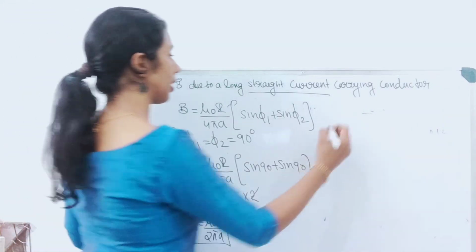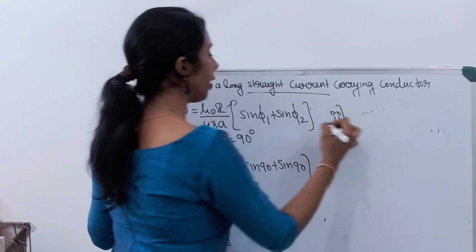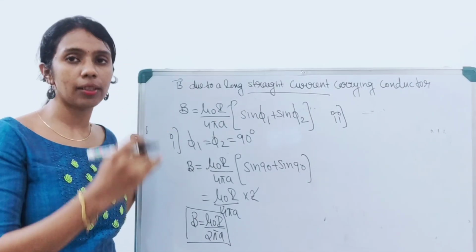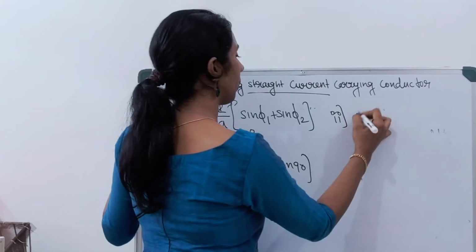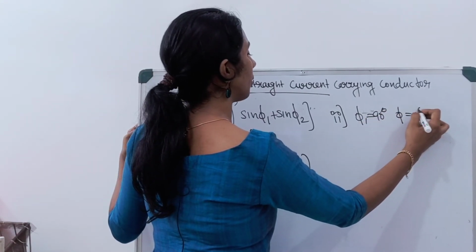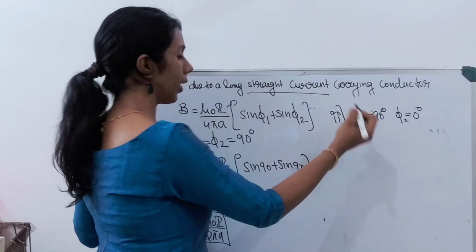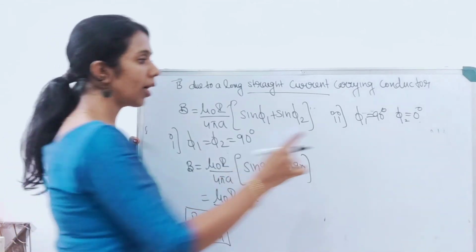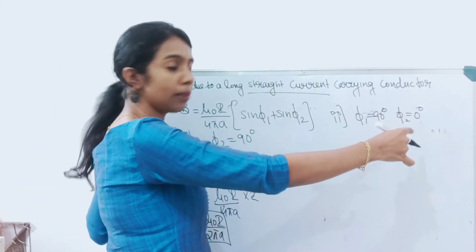Now the second special case is that if the point P lies at the end of the conductor, one angle will become 90 degrees and the other angle is 0, that is phi 2 becomes 0. So if the point P lies on any end of the conductor, one angle becomes 90 and another angle becomes 0.